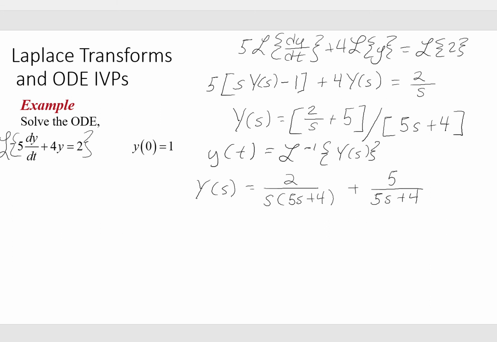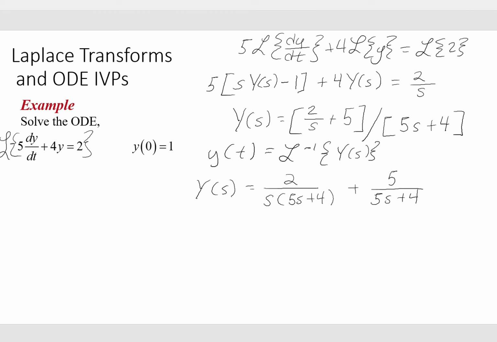The thing that's important to realize is the form it's taking. We see a constant in the left term over s times a constant times s plus a constant. And over here in the right term, we see a constant over a constant times s plus another constant.